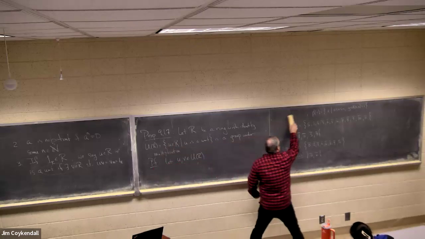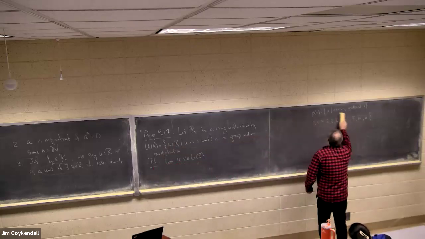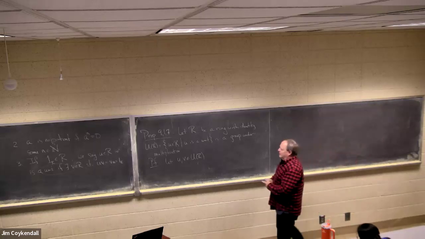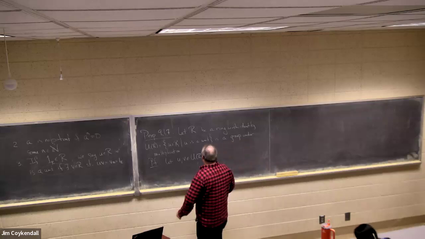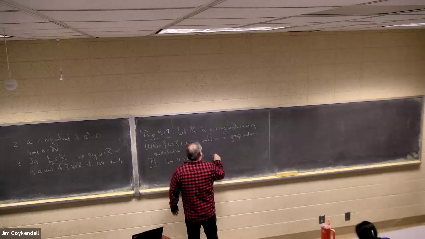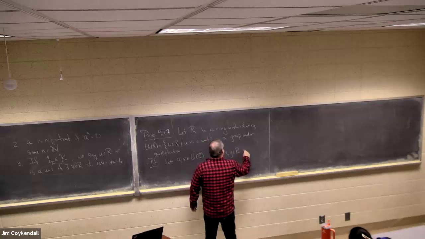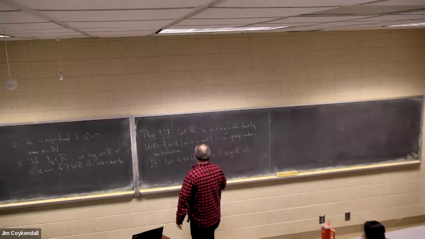Suppose you have 2 elements U and V that are units in R. So there exist X, Y in R such that UX = XU = 1 and VY = YV = 1.